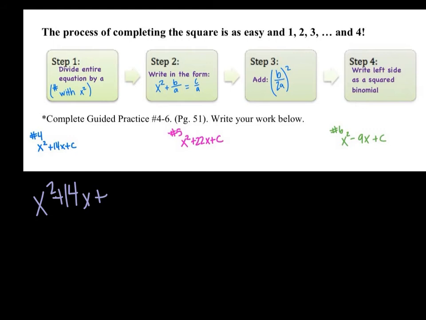Remember, you take the b term, the one right with your x, divide by 2 and square. So 14 divided by 2 squared equals 7 squared, which is 49. So x squared plus 14x plus 49 would be our perfect square trinomial here.